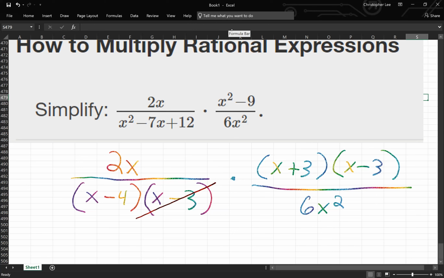I'm crossing out the x minus 3 and the x minus 3 because they're like terms. I can reduce these numbers as well, right? 2 goes into 2 once, and 2 goes into 6, how many times? 3 times, very good. And then x goes into x once, x goes into x squared once.